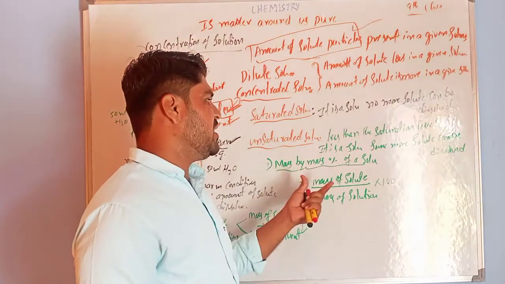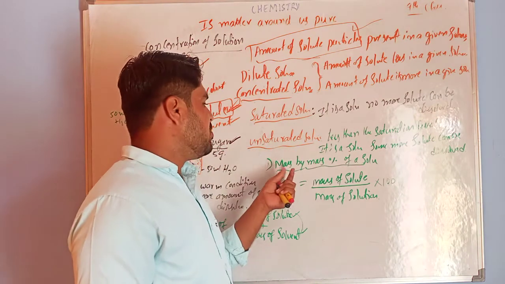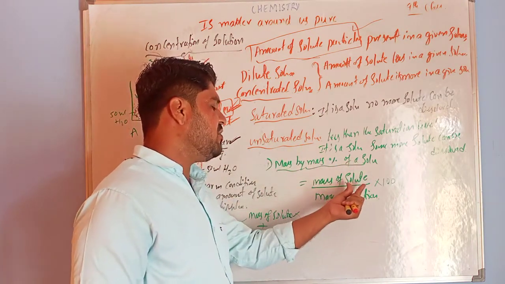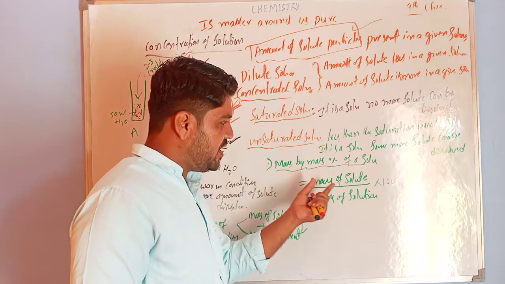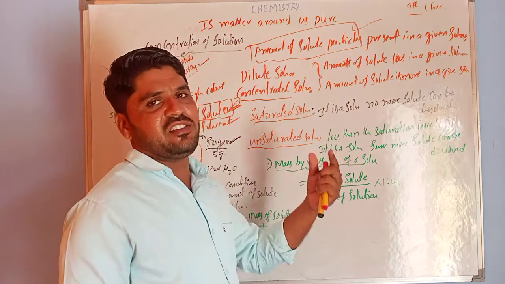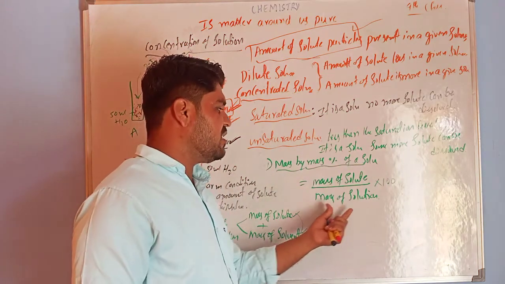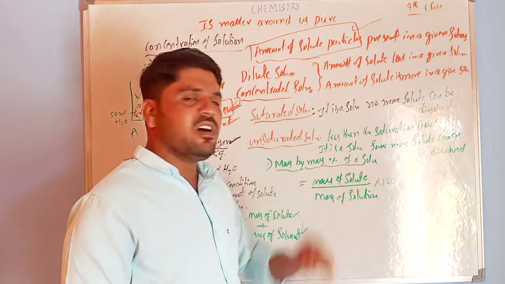So this is the first method of expressing the concentration, mass by mass percentage of a solution. The solute we have to take in mass, meaning grams or weight. It may be grams, kg, whatever it is. And also the mass of solution. Here also mass, and here also mass, into 100.